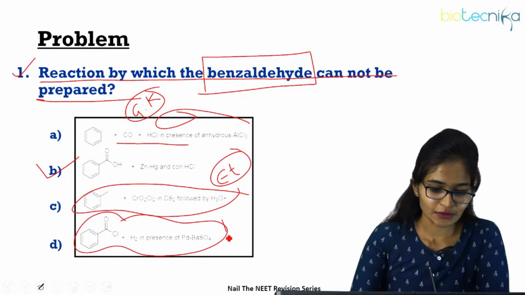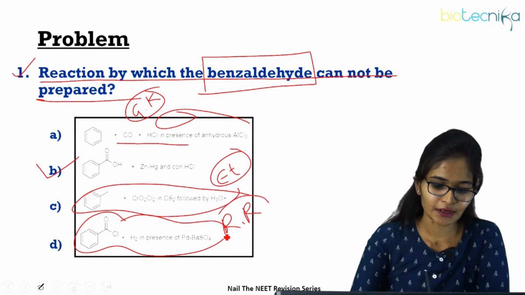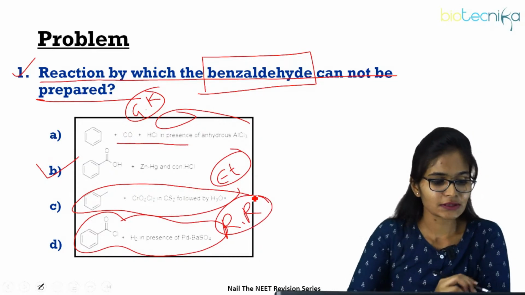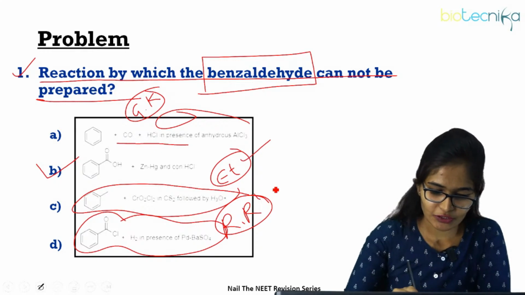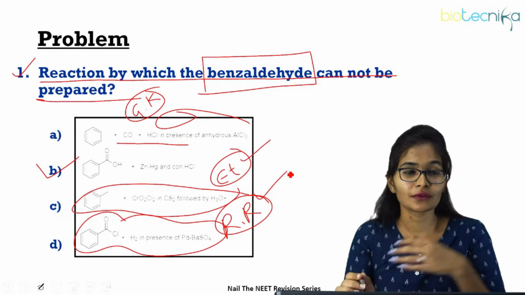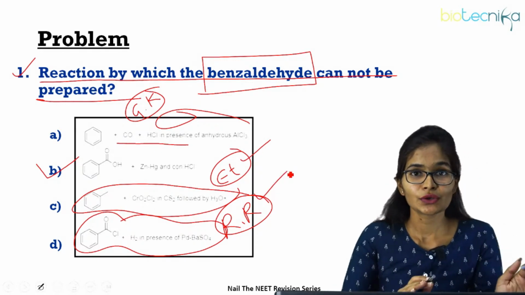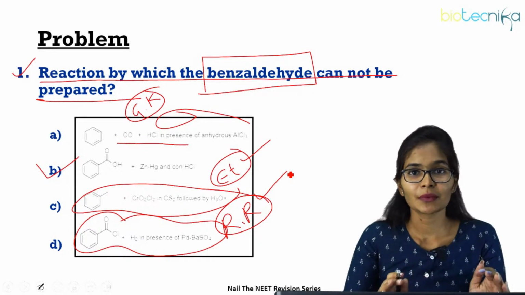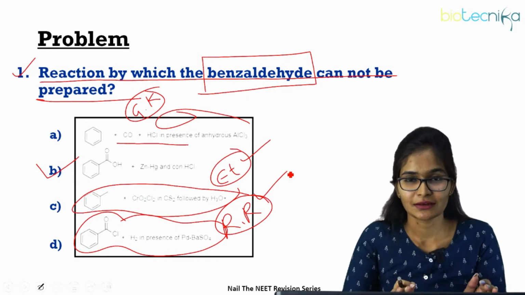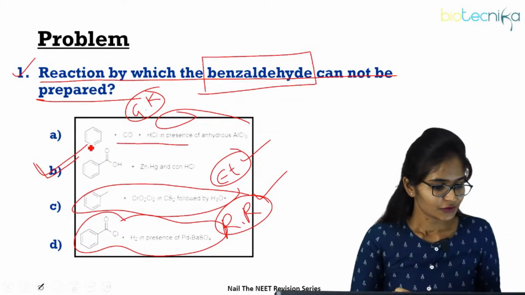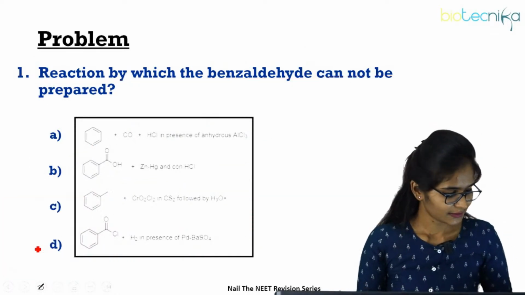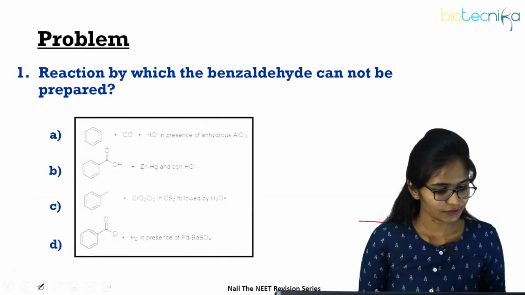This is the Rosenmund reduction reaction, right? So among the options given, we have Gattermann-Koch, Etard, and Rosenmund reduction, but we are not familiar with benzoic acid treatment with zinc amalgam and concentrated HCl, right? So option B is correct. Okay, now coming to the next question.